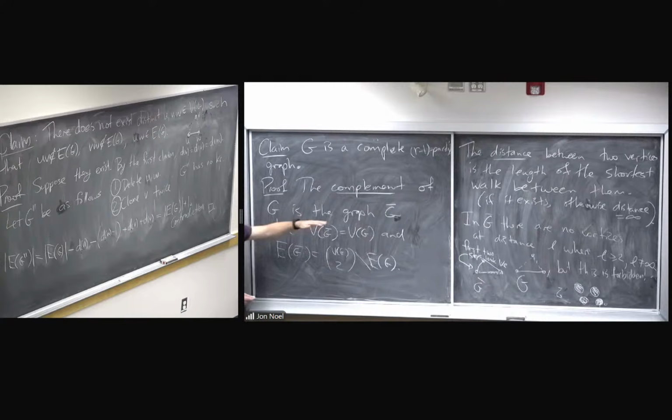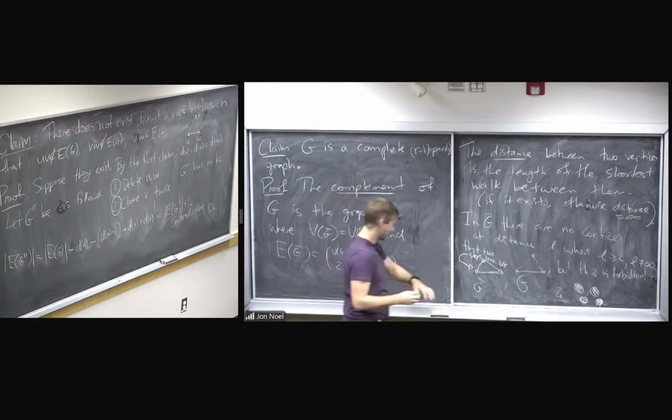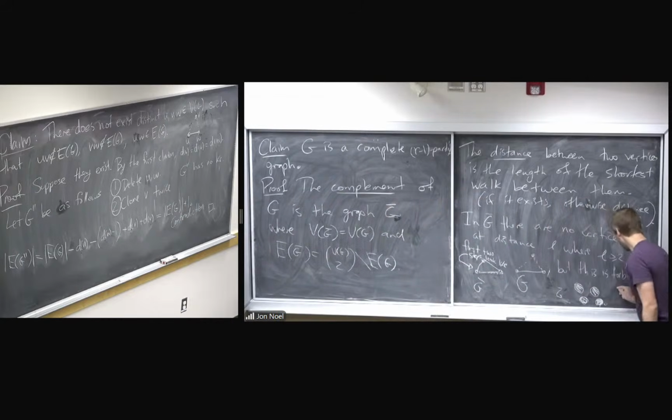And you couldn't have R non-empty parts, because that would make a K_R if I just pick 1 vertex from every part. So the number of parts is at most R minus 1. So G would be the complement of a disjoint union of cliques, which is just a complete multipartite graph. And you can't have R non-empty parts. Is that good? Yeah.